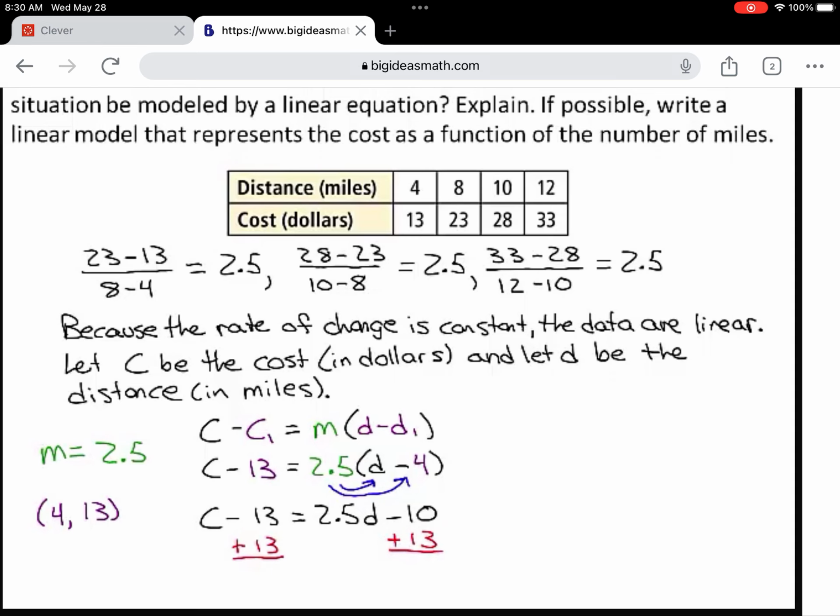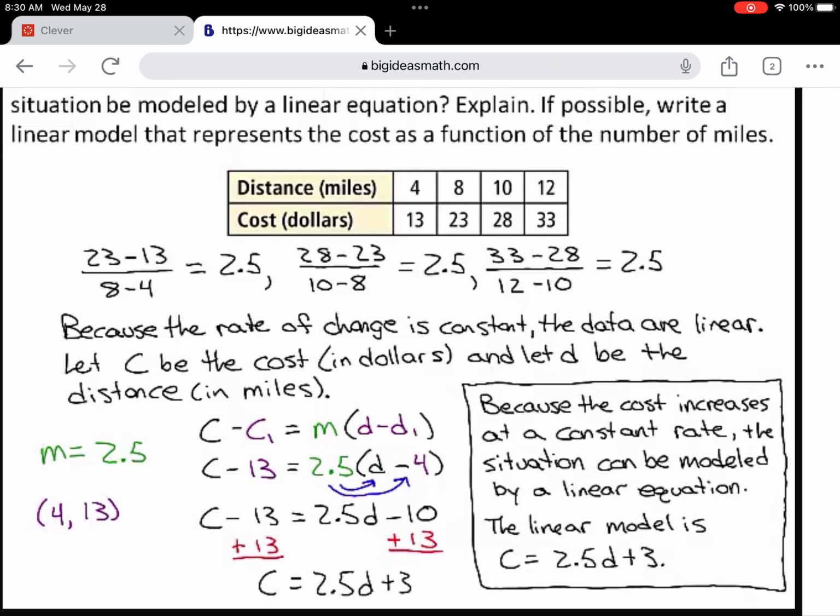Because negative 13 plus 13 equals 0 and negative 10 plus 13 equals 3, C equals 2 5/10 D plus 3. Because the cost increases at a constant rate, the situation can be modeled by a linear equation. The linear model is C equals 2 5/10 D plus 3.